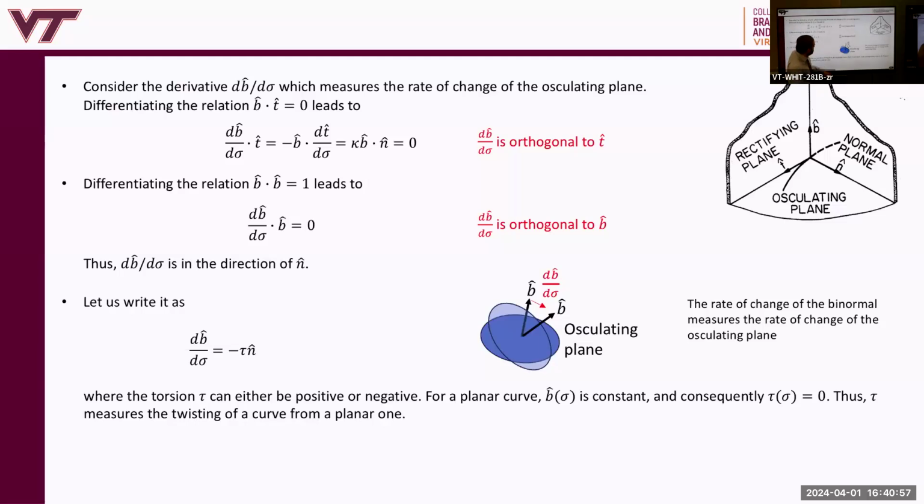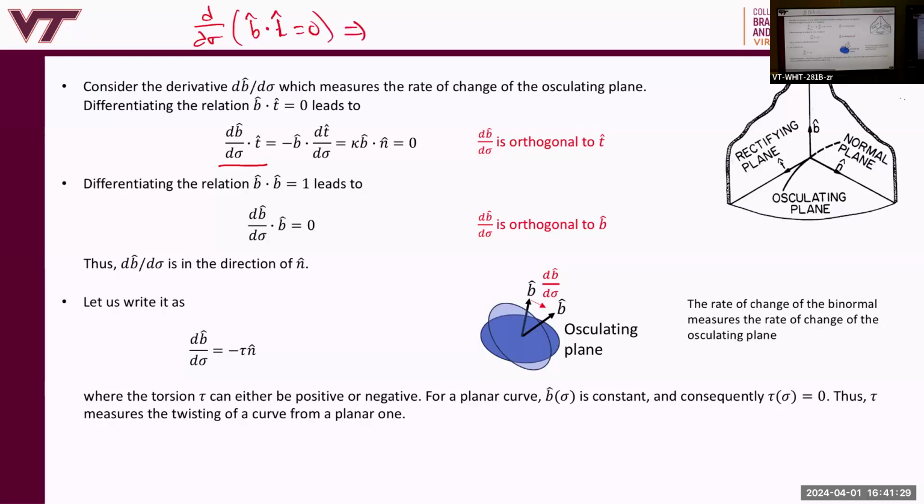Let me go through the derivation, then we'll explain this figure down here. Differentiating b dotted with t equal to 0. We know b and t are orthogonal. So differentiating b dotted with t equal to 0 gives us the following: dB d sigma dotted with t equals negative b hat dotted with dt d sigma. Let's write it out. We have d by d sigma of b hat dotted with t hat equals 0.